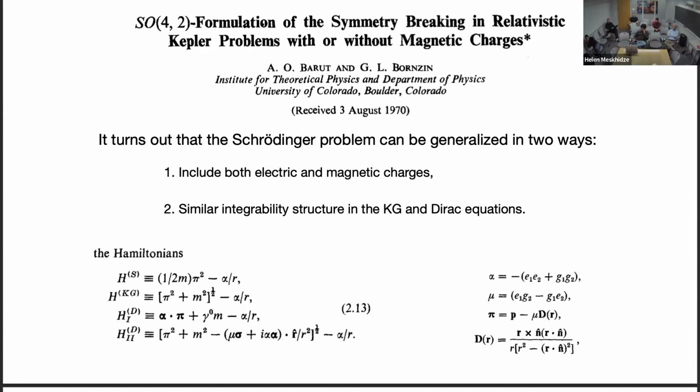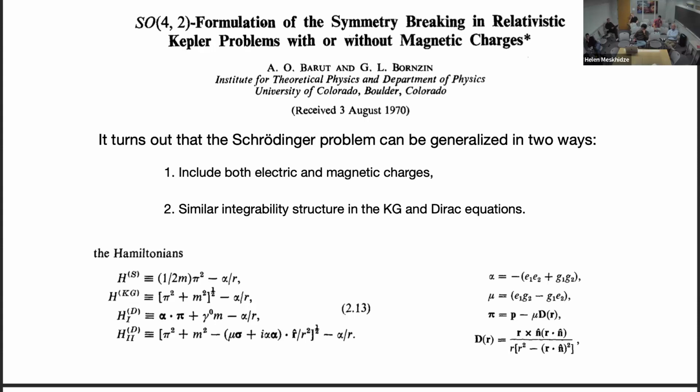As you can see here, the equations depend on the parameters, the electric and magnetic charges of the two dions. So this is a problem of scattering of two dions off each other. We can recover the hydrogen atom by setting the magnetic charge to 0 and focusing on the Schrödinger equation.